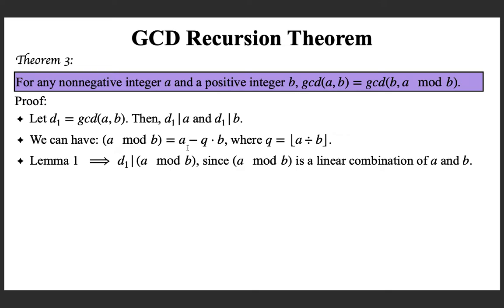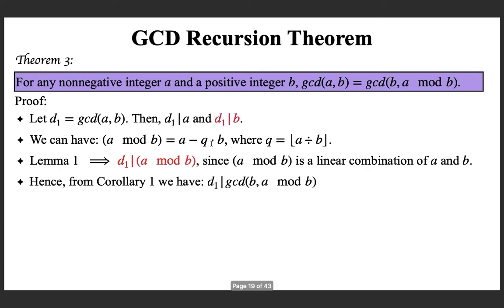Because A multiplied by 1 plus B multiplied by minus Q is A mod B. Then from lemma 1 we know that D1 divides any linear combination of A and B, and hence A mod B. Now we have these two results: D1 divides B and D1 divides A mod B.